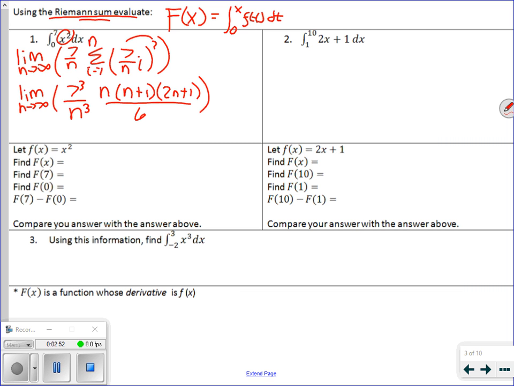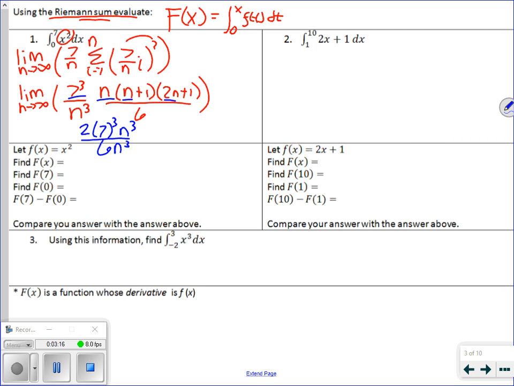Okay. And if I take that limit, on top I have, I'll do this in blue, n, n, and 2n. So that's going to be 2 times 7 cubed, n cubed. And on bottom I have 6n cubed as the leading terms.